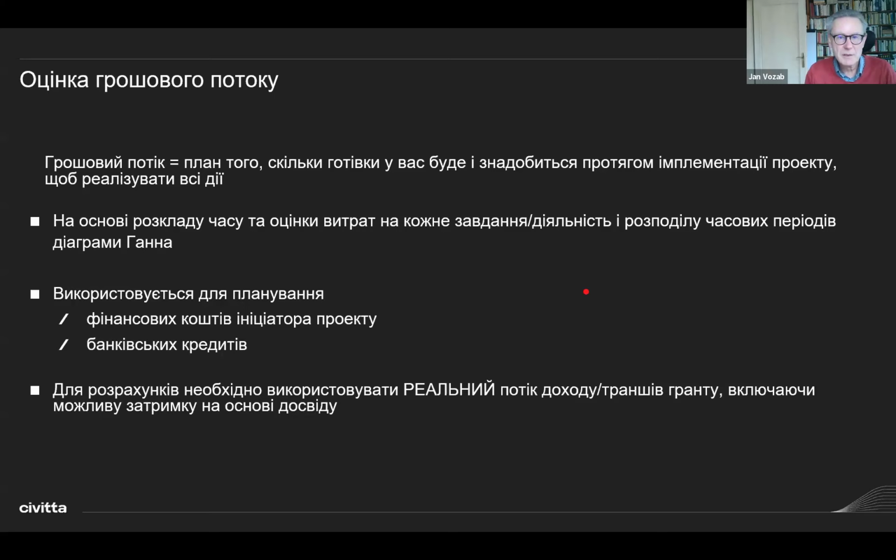Because donors, European Union quite often promise something in the call for proposals, but the reality may differ, and the cash flow is made taking into account the reality, not the promises only. So it is advisable that you ask someone who already got money from the same donor whether the installments are delayed, and if so, how long, so that you can roughly estimate your cash flow taking into account those possible delays.